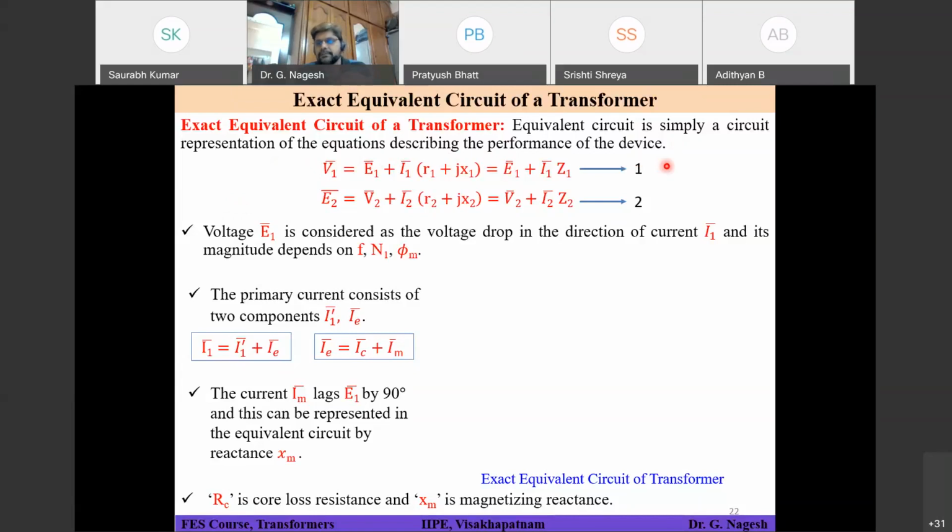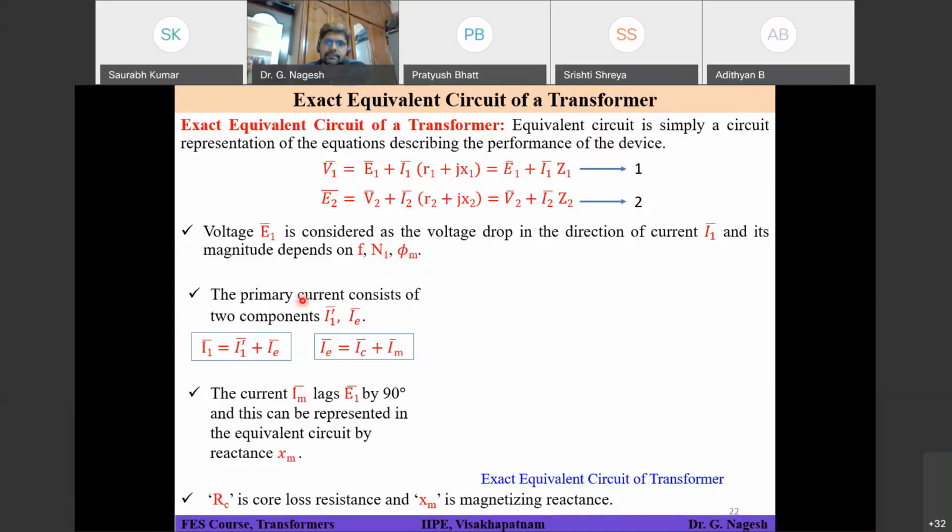These two equations are going to determine the performance of the device, and we have seen how we arrived at them. Using these two equations we have to draw the equivalent circuit of a single phase transformer. E1 we have already seen; it is considered as the voltage drop in the direction of current I1, and its magnitude is proportional to frequency, number of turns, and maximum value of flux in the core.